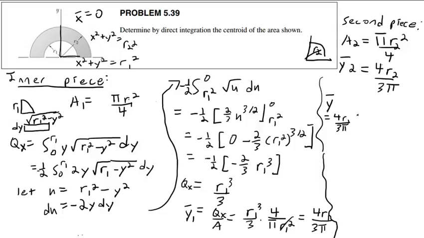This is y bar 1 times the area 1, which is pi R1 squared over 4, plus 4 R2 over 3 pi times the area 2, pi R2 squared over 4.